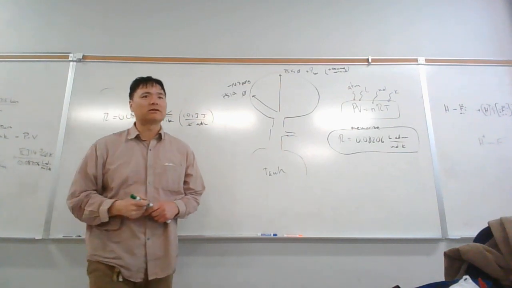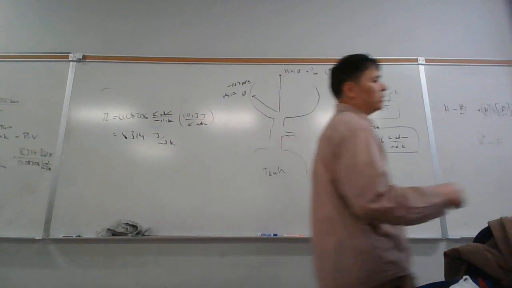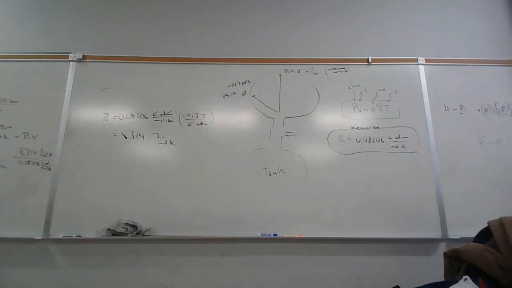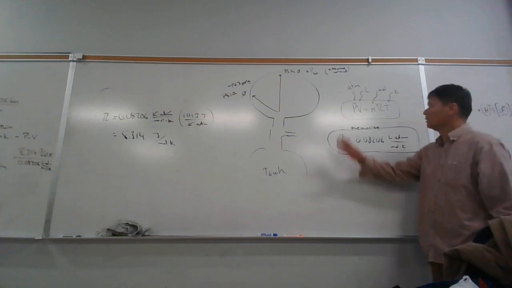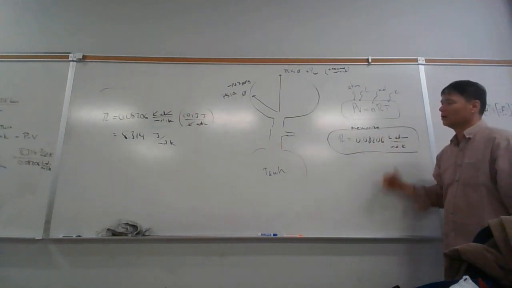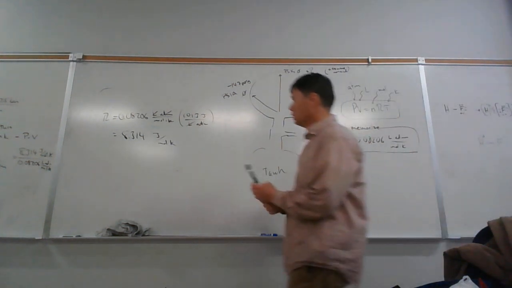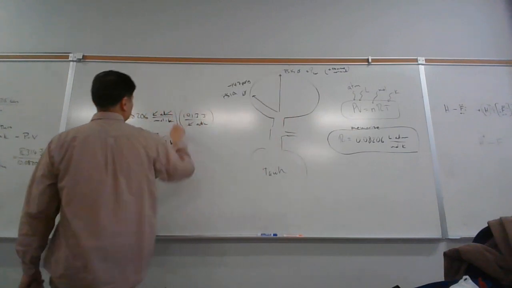If you're ever curious about how much work you have to do. Otherwise, there's not that much memorization. The combined gas law and the ideal gas law are what I just memorized.